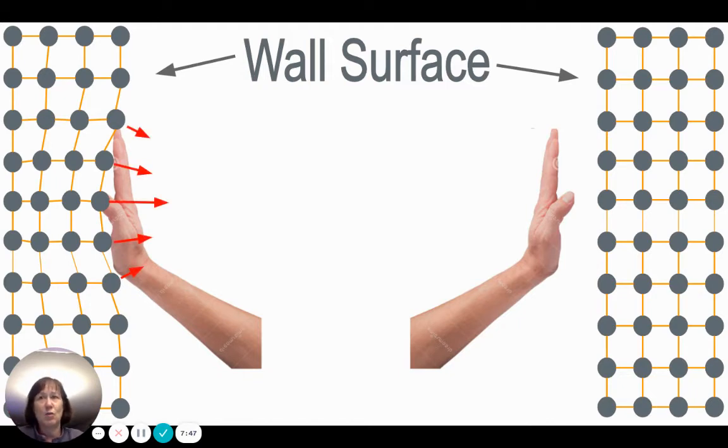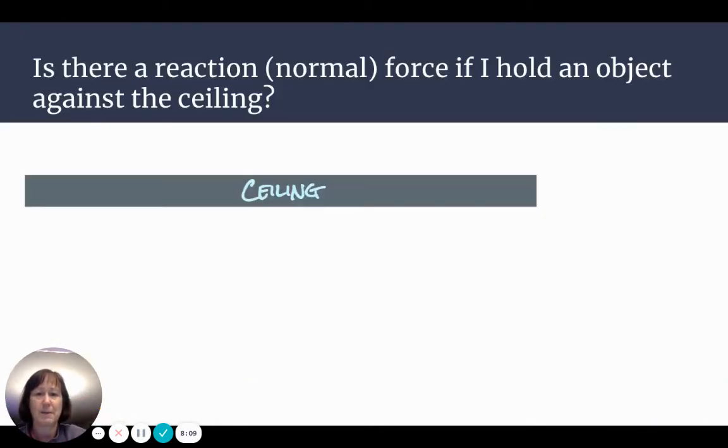And then again, the wall repels back or pushes back, and that is the reaction force or normal force that I feel on my hand. So now the normal force is going to the right. So we know it can go up, it can go to the right. We can just flip this whole thing. It can go to the left.